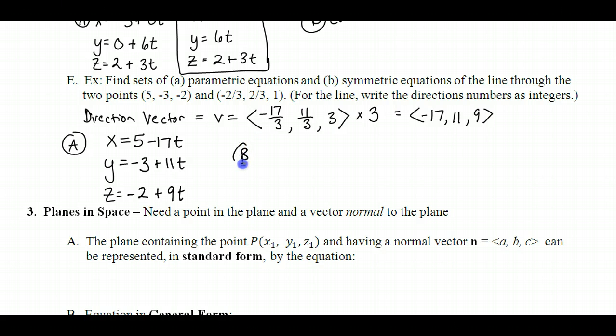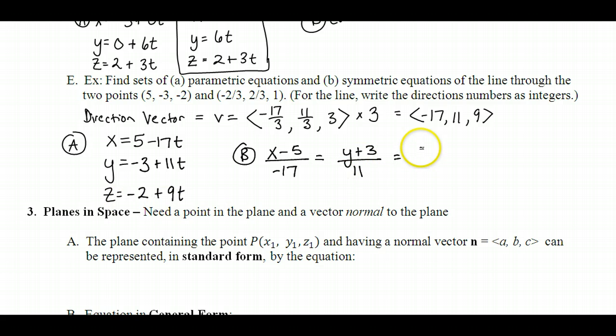For this one now, we can write the symmetric equation because we have t in all of them. So basically, how do I solve for t? It would be x minus 5 divided by negative 17. And this is going to equal, if I solve for t again, y plus 3 divided by 11.